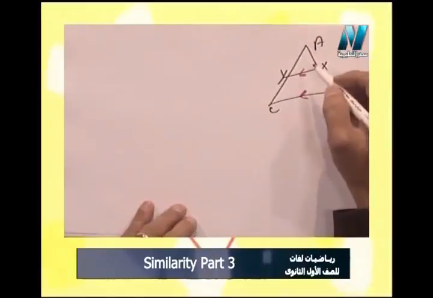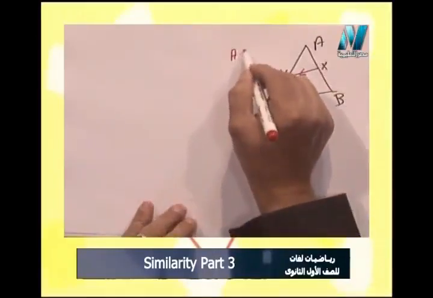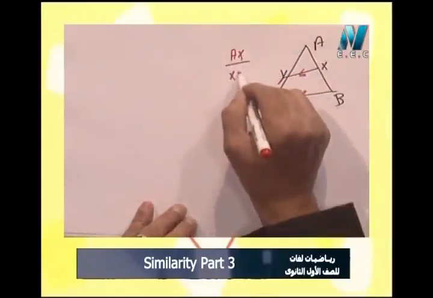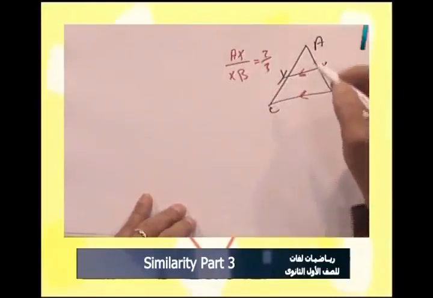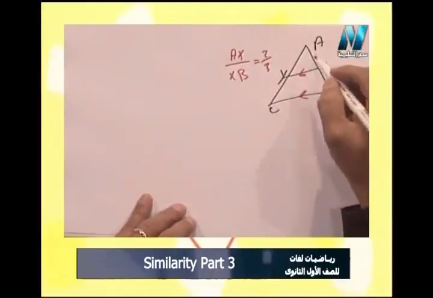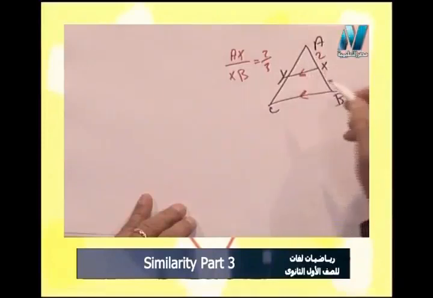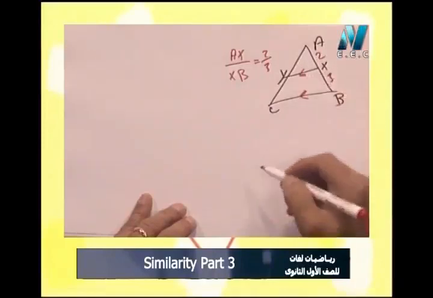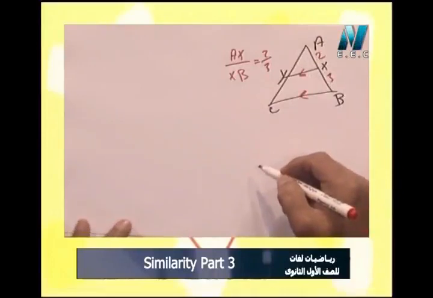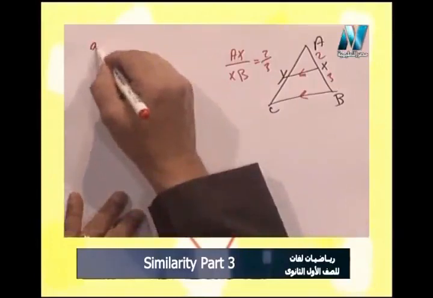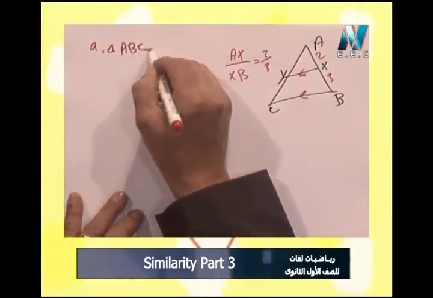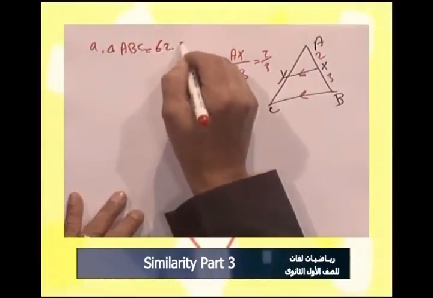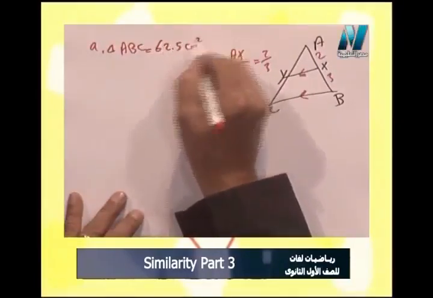And we have the ratio AX over XB equals 2 over 3. So write here the ratio of AX equals 2 and the ratio of XB equals 3. Don't forget that. And given that area of the triangle ABC equals 62.5 square centimeter.